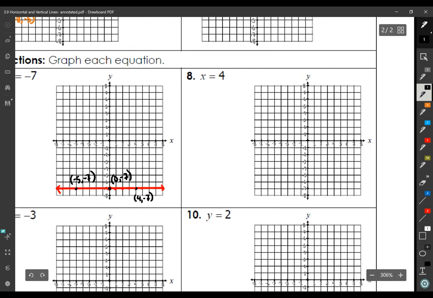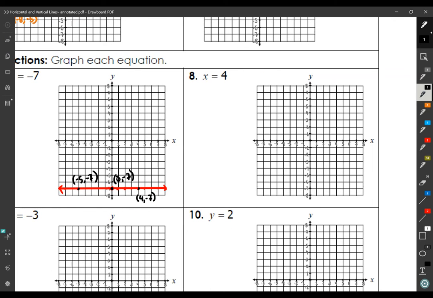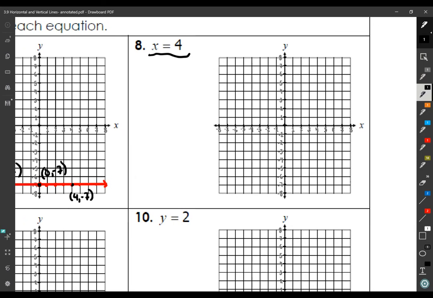So let's do question 8. Now we have an equation where x is equal to 4. What I'm going to do is find 4 on my x-axis. So 4 on my x-axis is right here.